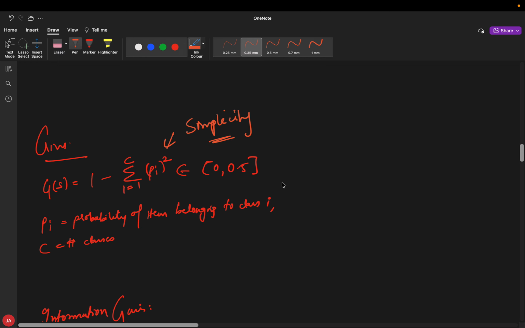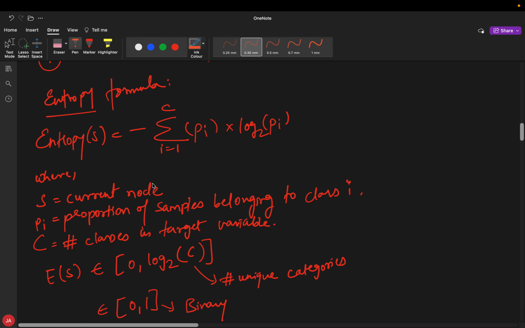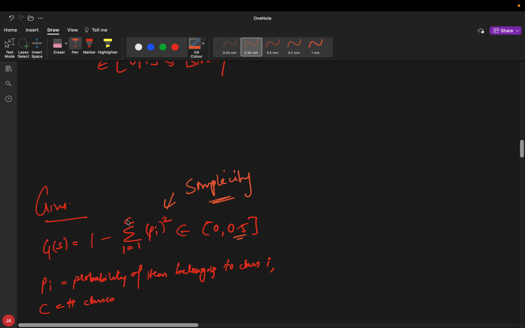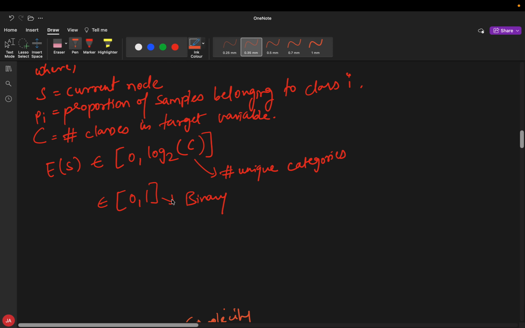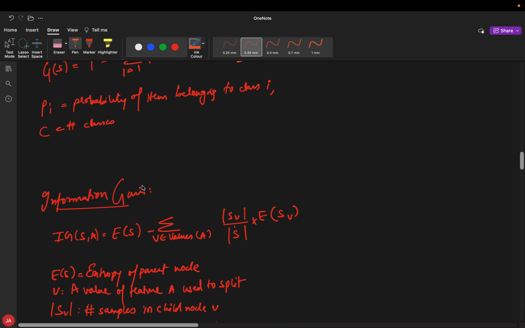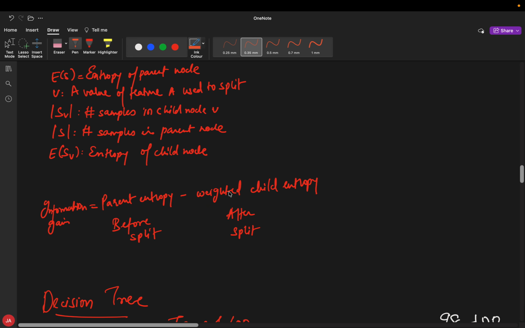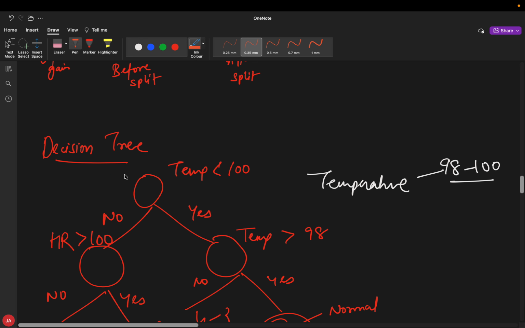Gini lies between 0 and 0.5, where 0.5 indicates maximum uncertainty and 0 indicates minimum uncertainty, whereas entropy lies between 0 and 1 for binary, and 0 to log base 2 of the number of classes for multi-class. Now information gain is just parent entropy minus weighted child entropy, right?